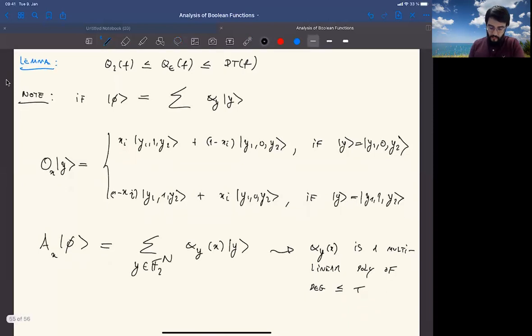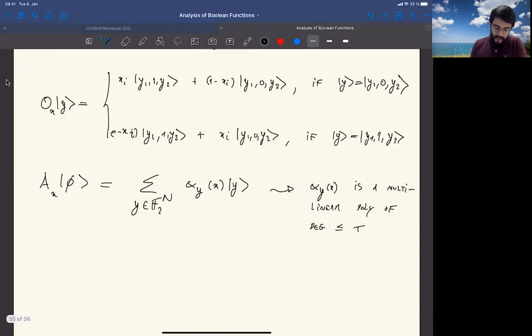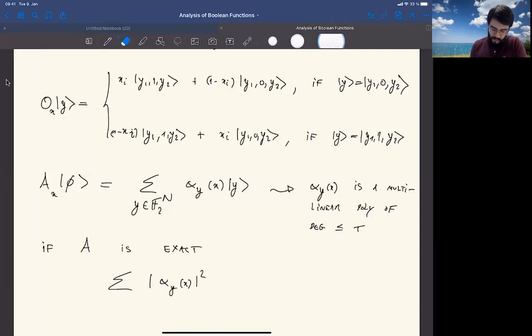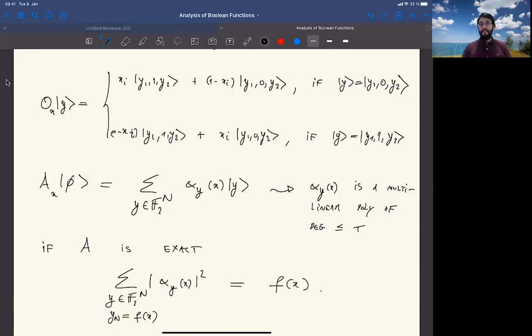And so therefore, if A is exact, this polynomial, for y belonging to F2^n such that yn equals f of x, has to be f of x.